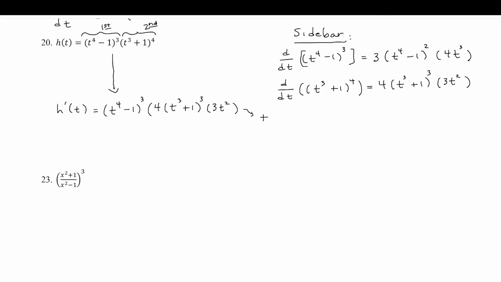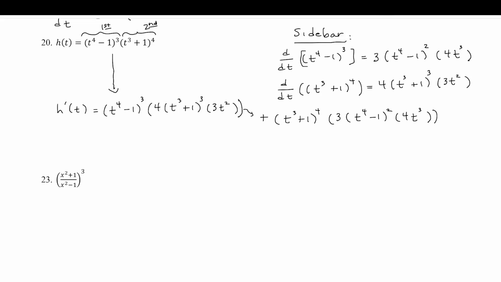Plus, sorry about that, the second, that is t cubed plus 1 to the fourth, times the derivative of the first, and the derivative of the first I figured out in my sidebar, that is 3 times t to the fourth minus 1, all squared, times 4t cubed.